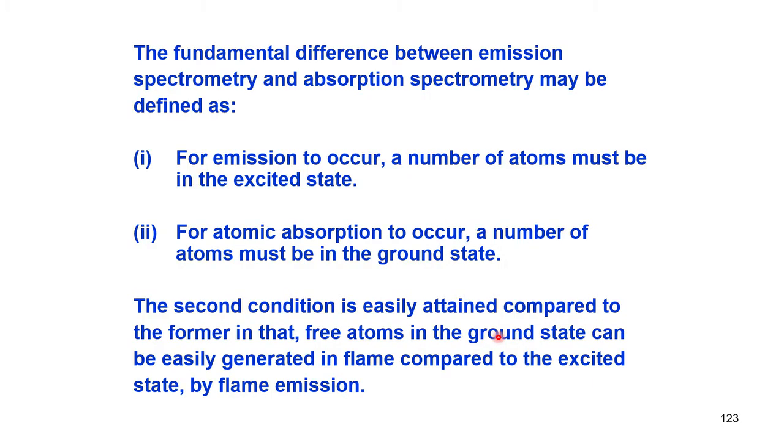I can generate free atoms by heating in the flame, and in the flame if the concentration increases, they can emit radiation also. For example, you must have studied at high school or college level that if you take sodium metal and burn it in the air, it gives out yellow light.